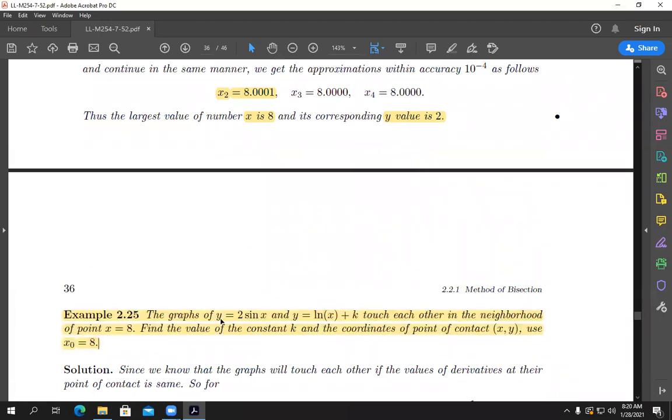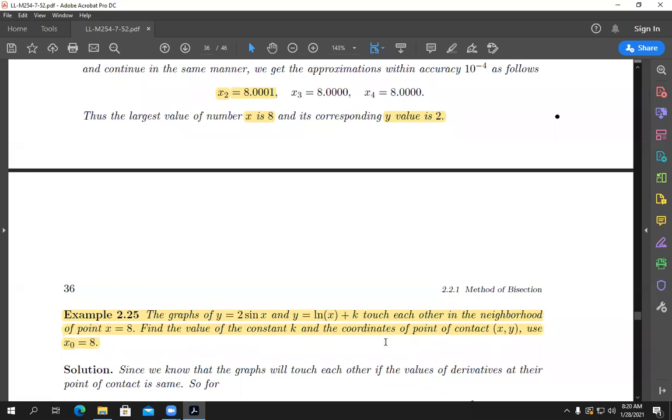He said the graph of y equal to this and y equal to this one, and the condition is that these two graphs touch each other in the neighborhood of the point x equal to a. Find the value of k and the coordinate point x and y. After finding x, you have to find y also and k also.